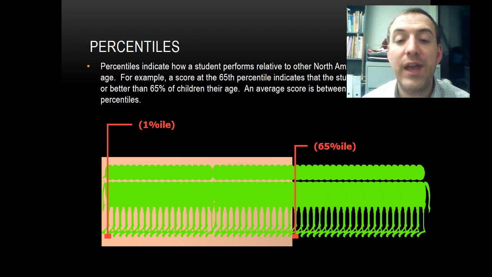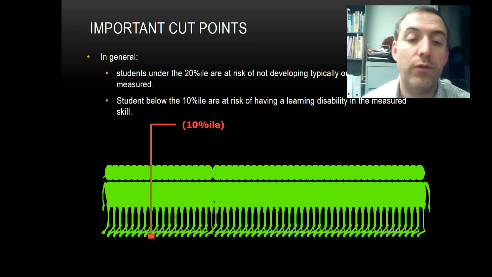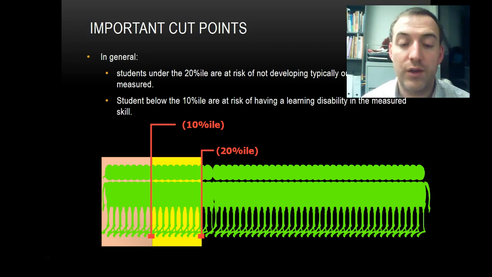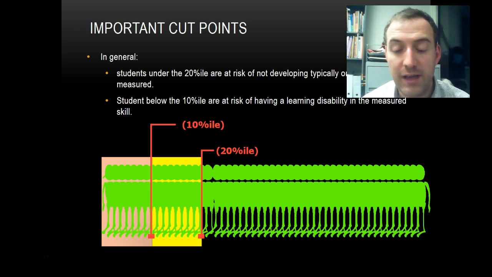However, when we're looking at cut points, we often look at below the 20th and below the 10th percentile. Below the 10th percentile is the extreme range, that's severely at risk for having difficulties in the future on that skill. And below the 20th percentile is you're at risk.